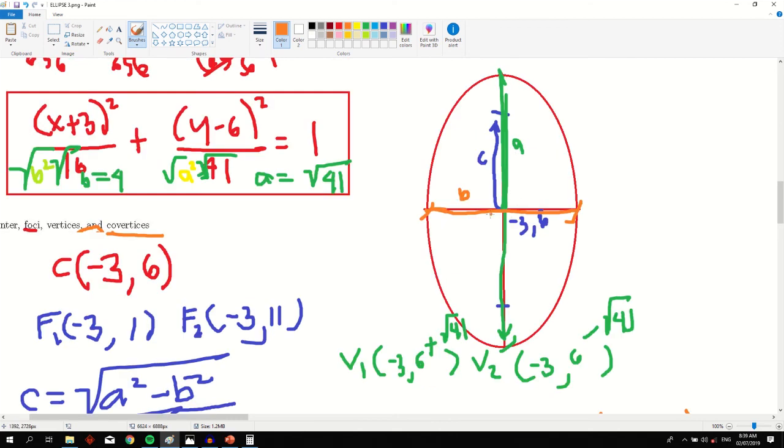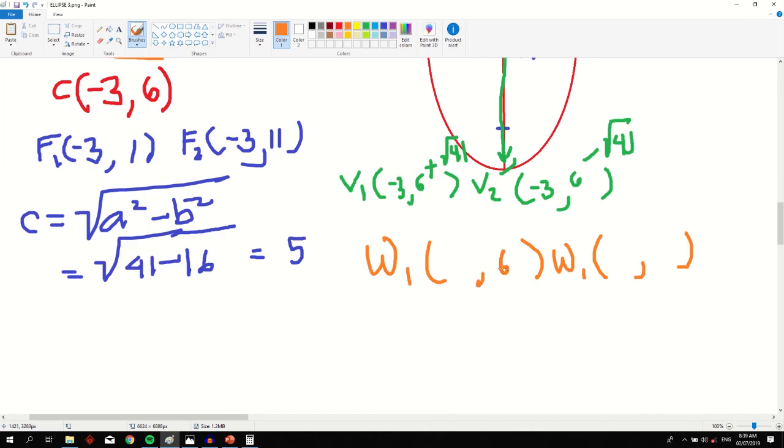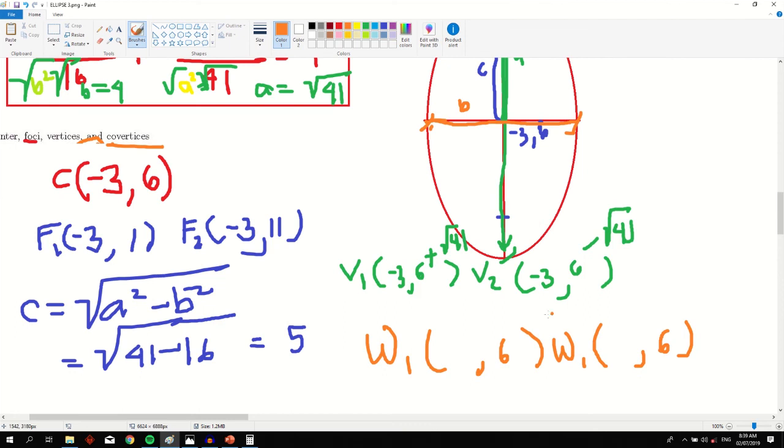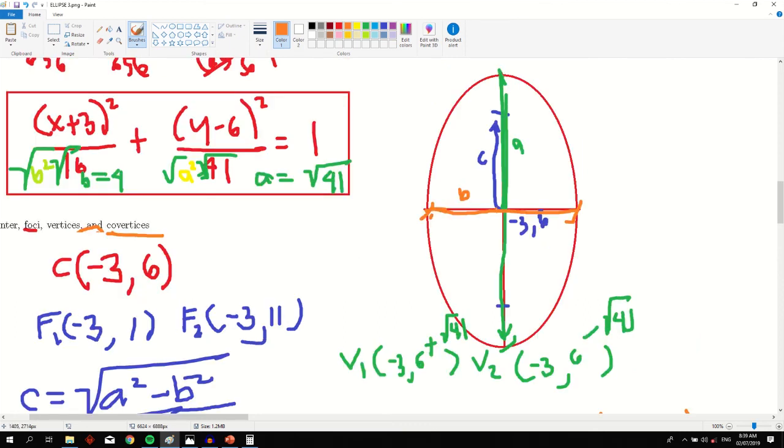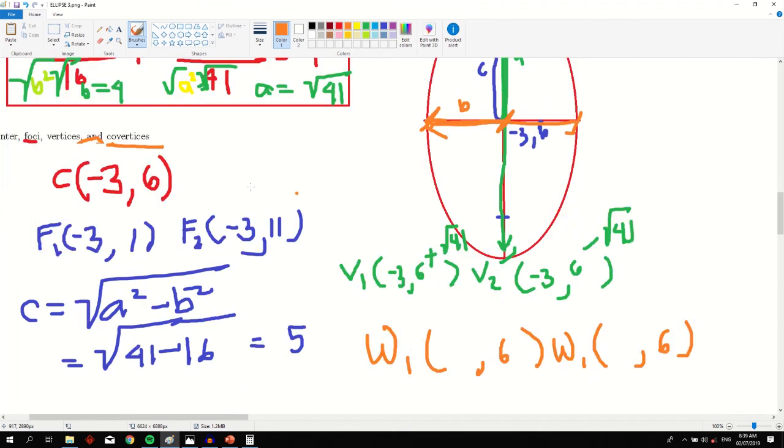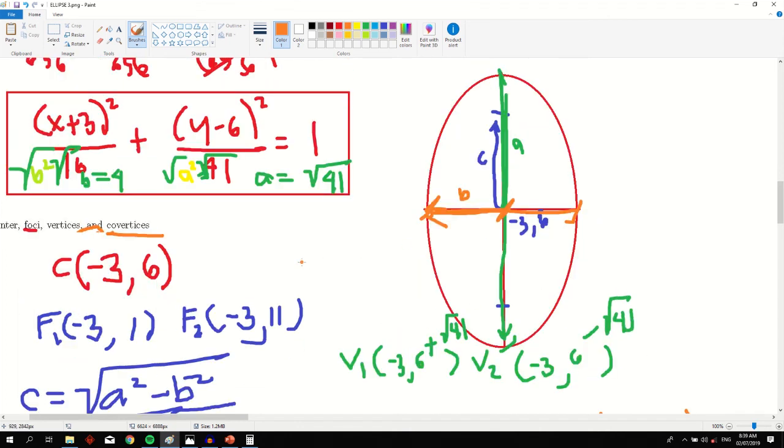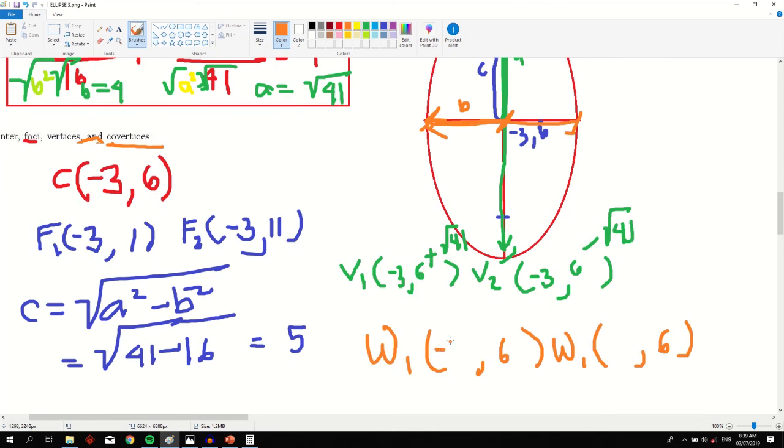Of course, what is moving now is the x, so the y is stagnant. So we will move the x. From negative 3, we will subtract b: negative 3 minus 4 is negative 7. Then we add: negative 3 plus 4 is 1.